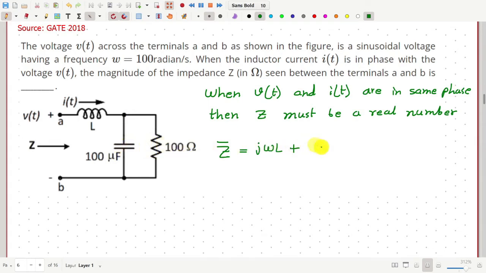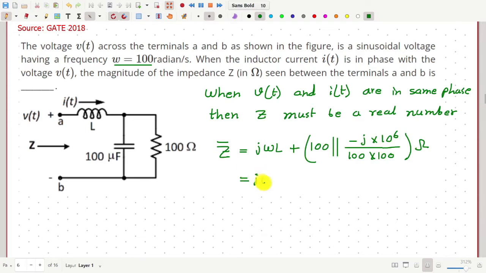So we have 100 ohm in parallel with this capacitor, that is minus j by omega C. Omega is given to be 100, and C is again 100 micro, so 100 divided by 10 to the power 6. This is in ohm.